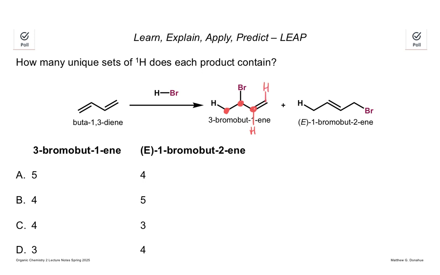And then these 2 H's here, even though they're bonded to the same carbon, they're not the same because they have different relationships to each other. So overall, we would end up with 5. So 1, 2, 3, 4, and 5.